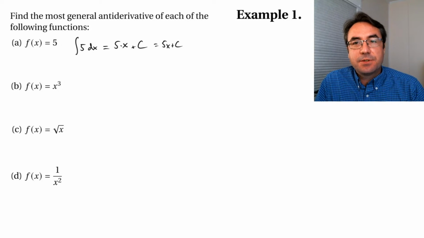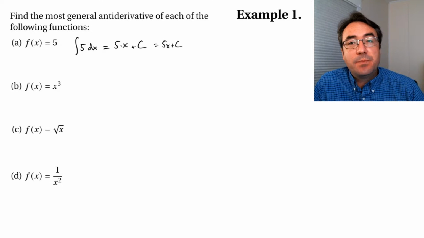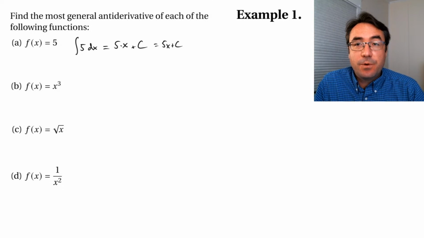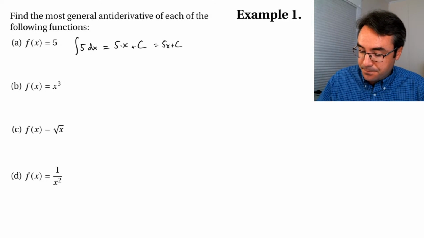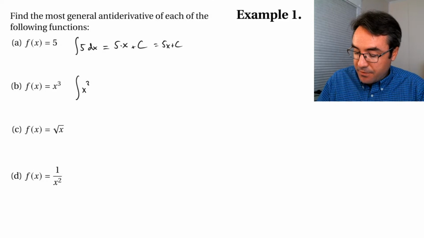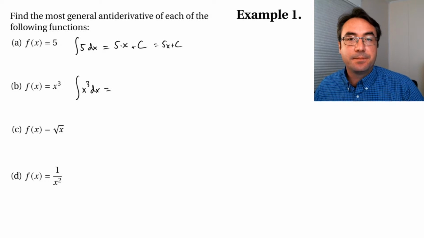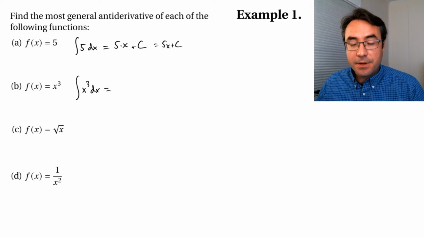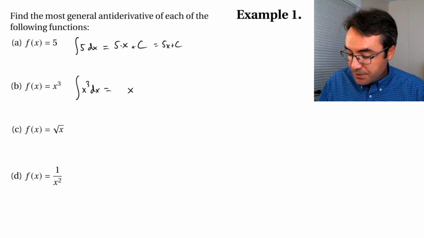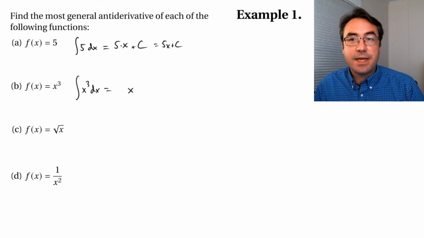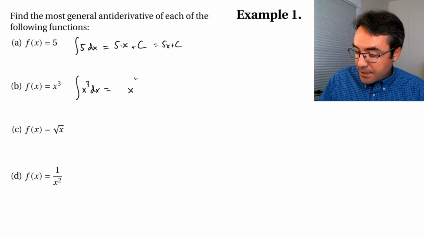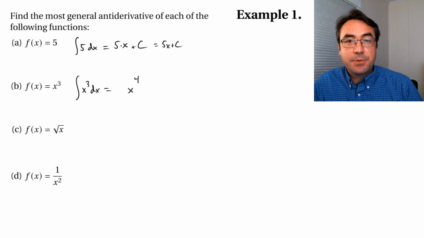All right, so let's try the next one, part B, where we're going to find the general antiderivative of x cubed. So here we want to do the integral of x cubed. And this is where power rule is going to come in. So this is just a power function. Our variable is x, so we start by just writing our variable down. It's x. We add 1 to the exponent, so that takes us up to 4.